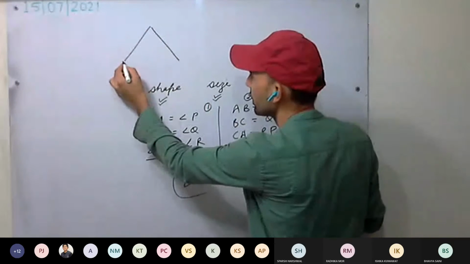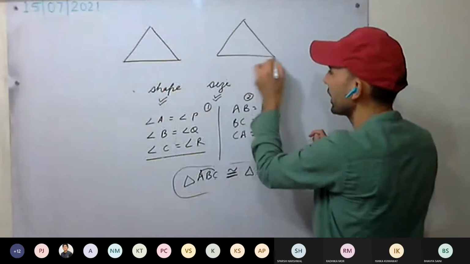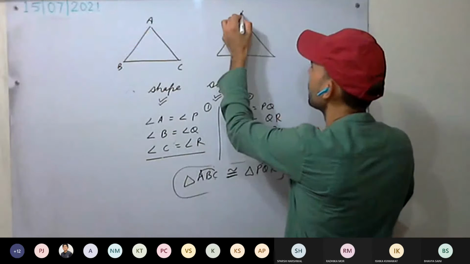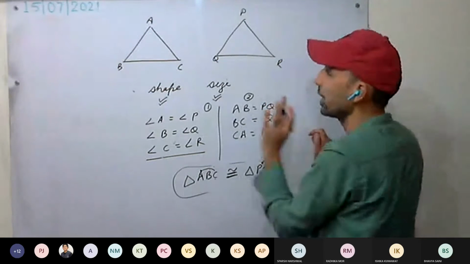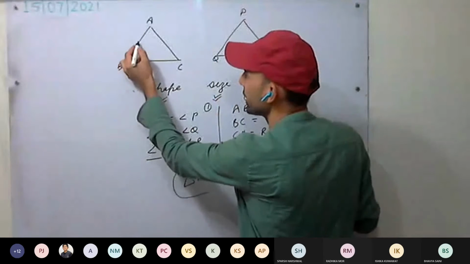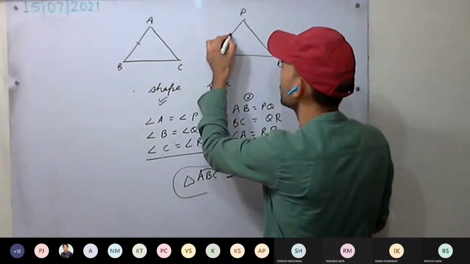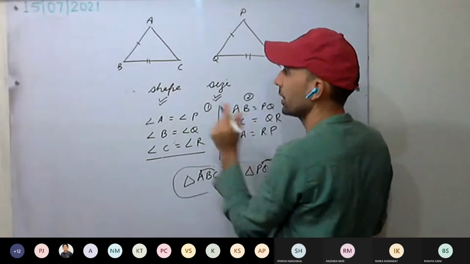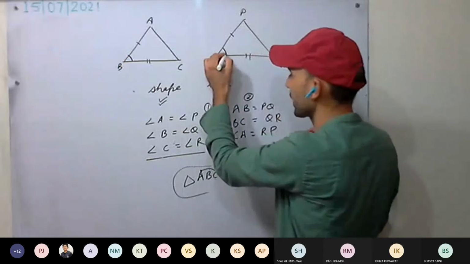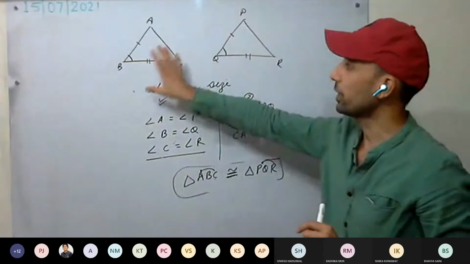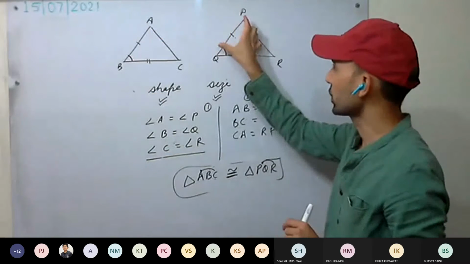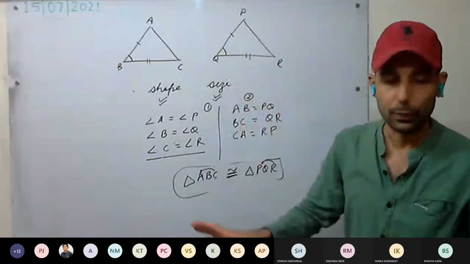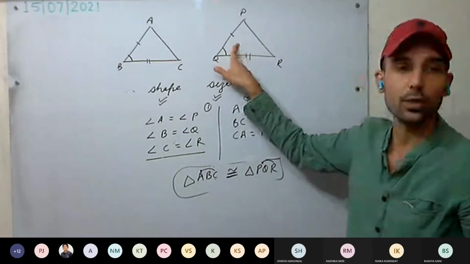Now, there is one catch here as well. Take triangles A, B, C and P, Q, R. If I prove two sides, that is AB equal to PQ, and BC equal to QR, and this angle equal to this angle, if I prove only this much, I can prove that these two triangles are congruent.